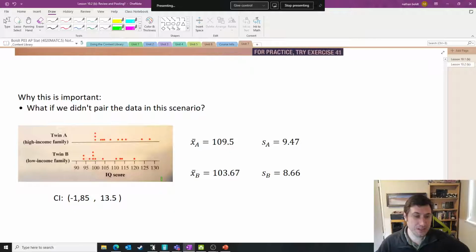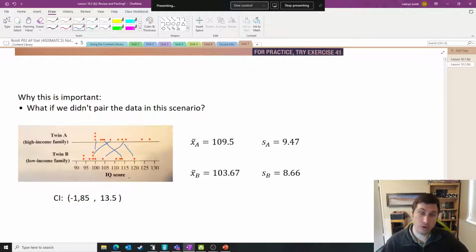We don't see that this person might be connected to that dot, and that the overall trend is an increase. If we don't pair them together like that, maybe something like this is happening. Maybe some of them are going up like that, but maybe some of them are coming back this way too. Maybe they're paired like this.